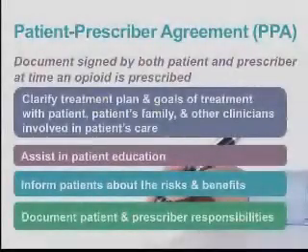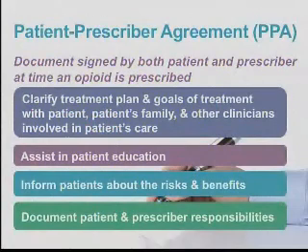The patient-prescriber agreement is a document signed by both the patient and the prescriber at the time an opioid is prescribed. It clarifies the treatment plan and goals, and hopefully you'll have other family members there so that they can understand that. You want to assist in the patient education.